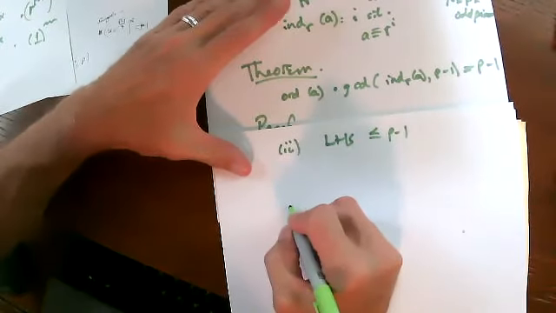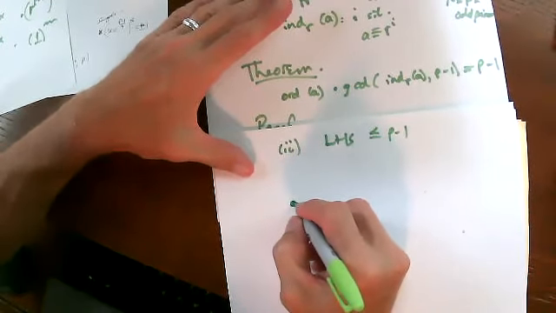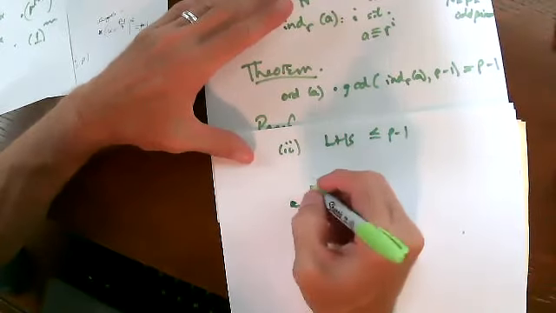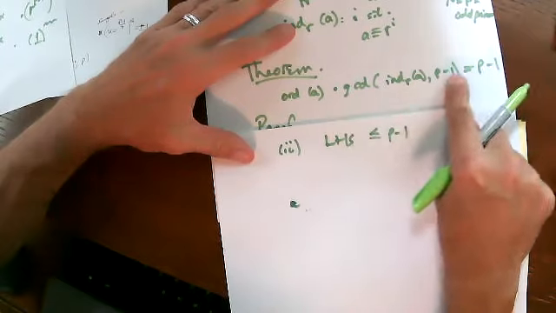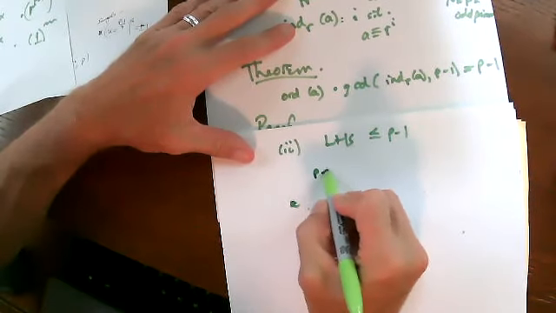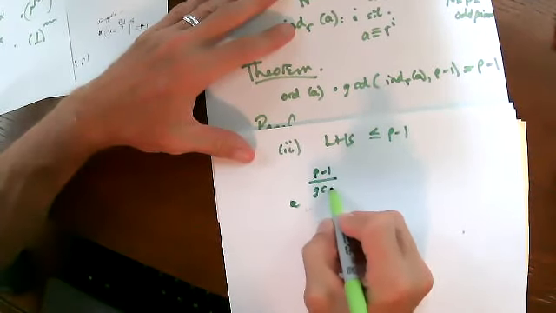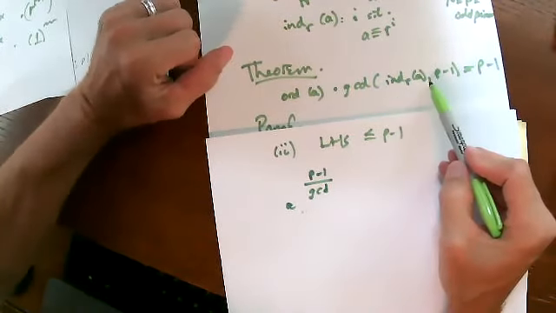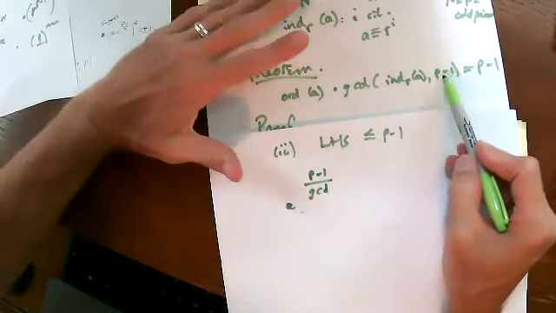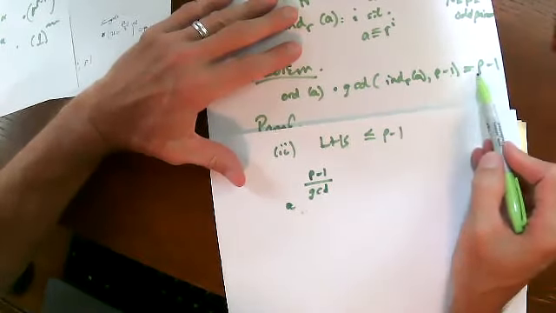The specific thing I want you to consider is I'm going to take a to the power of this quantity on the right divided by this quantity over here, p minus 1. Can I just write GCD for brevity? Now you know that that is an integer because one of the things you're taking the GCD with is p minus 1. So this GCD is a divisor of p minus 1.